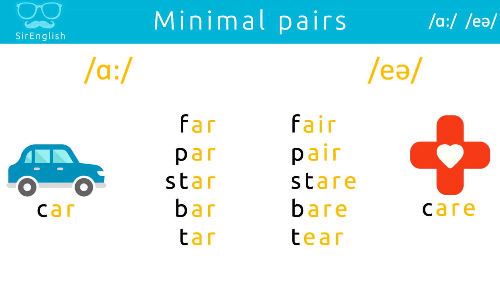Now, this is a key part. Let's look at the minimal pairs for ar and air, so you can really start to distinguish between the two sounds. So on the left we have ar, and on the right we have air. So listen to the pairs and repeat after me.